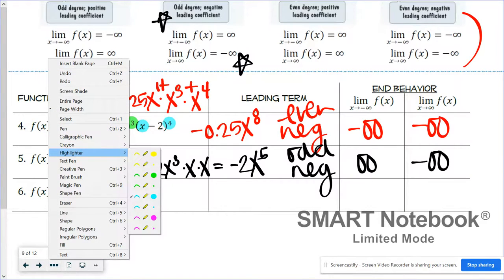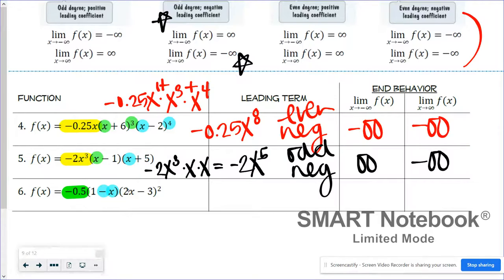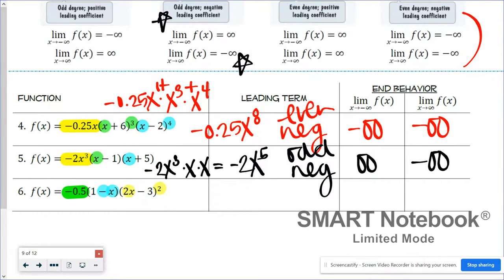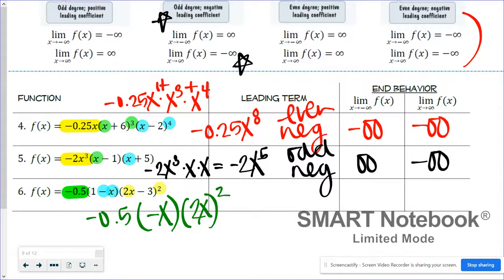And then lastly, we have 2x squared. So we're going to use some other properties of exponents here to figure out what is the leading term. I need to multiply together negative 0.5, right, times negative x times 2x squared.